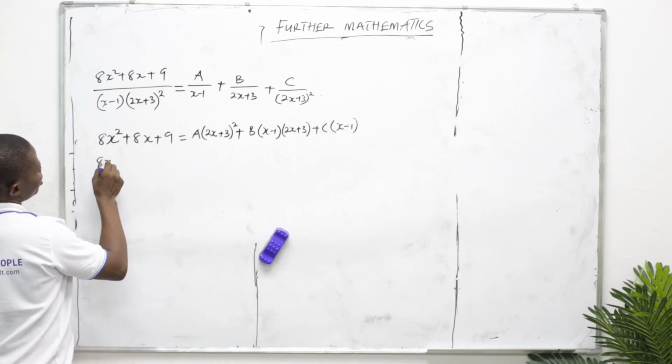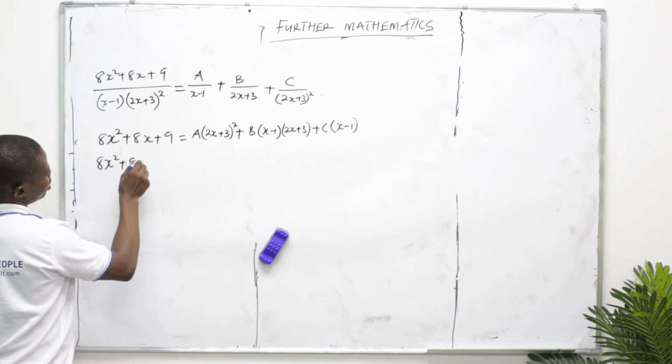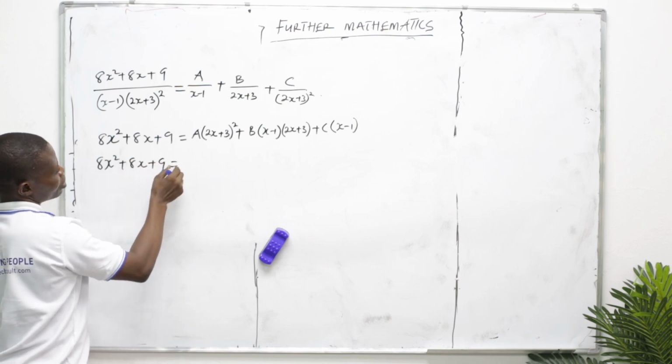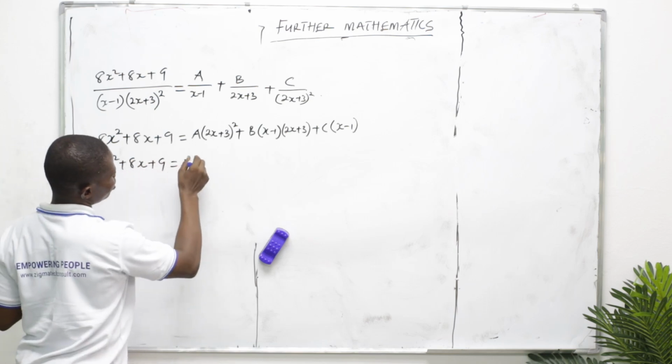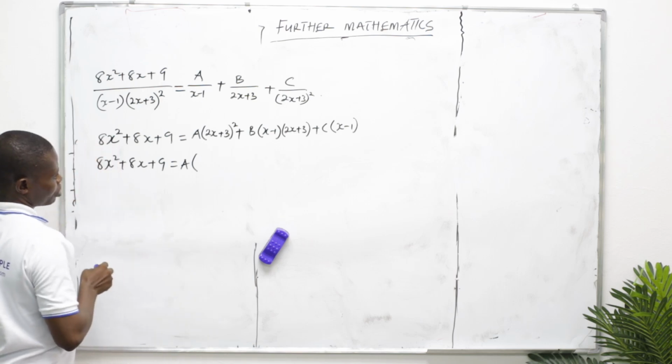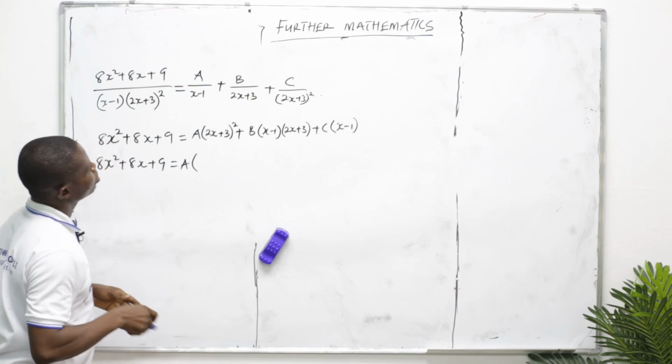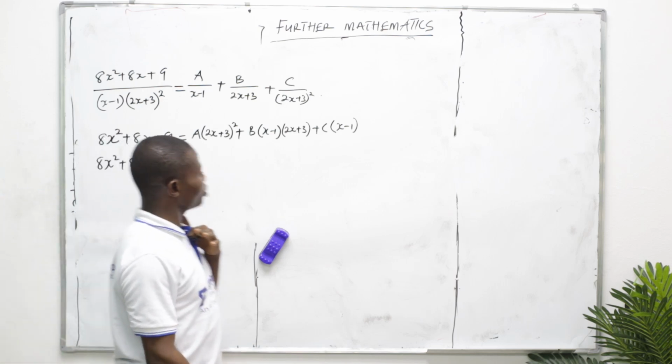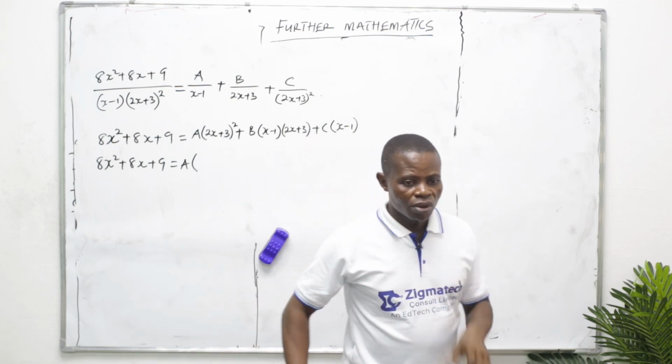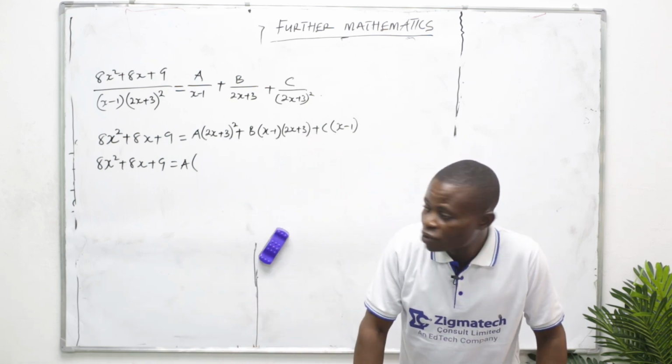So 8x squared plus 8x plus 9 equals A into, we use the cover up rule as x minus 1, okay?